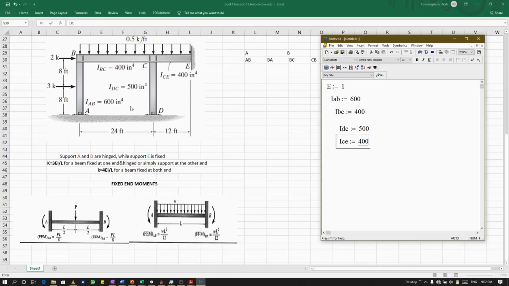All right, so coming back to our stiffness, that's our K. For AB, we'll have 3EI all over L. So that's 3E, then we have IAB.